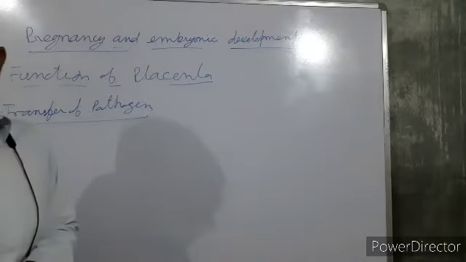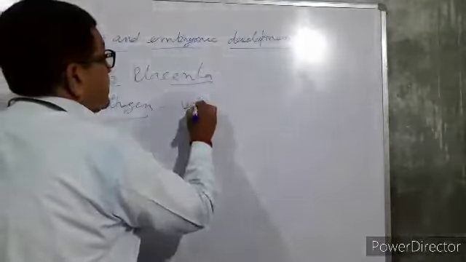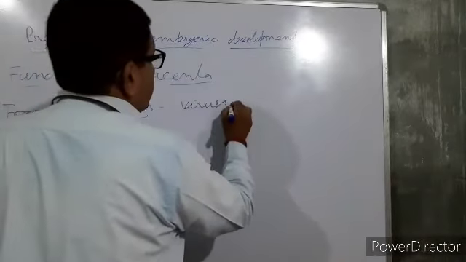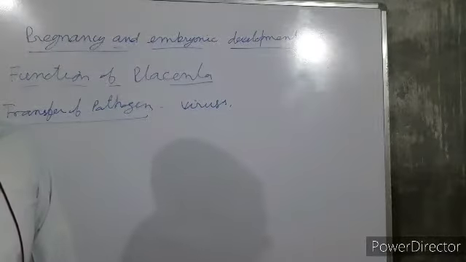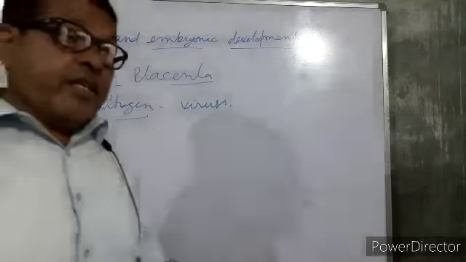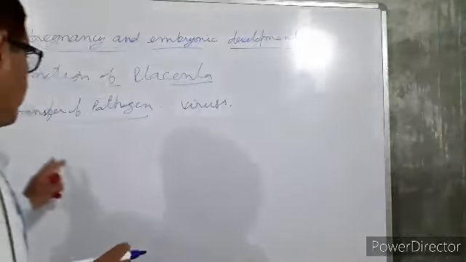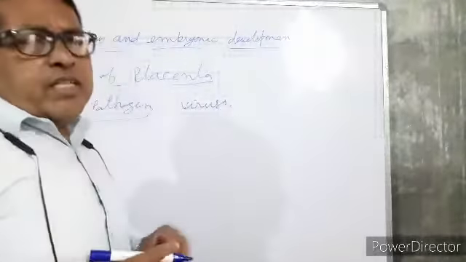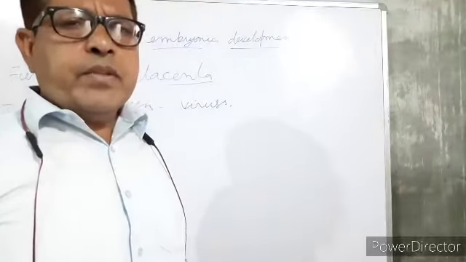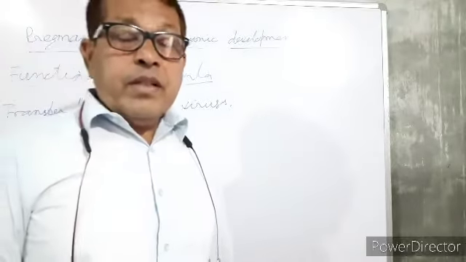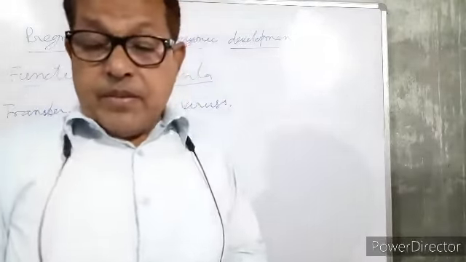Pathogens like viruses can cross the placenta and enter into the fetus. So in this way, some pathogens like some viruses can be transferred from the mother's blood into the fetus via the placenta.